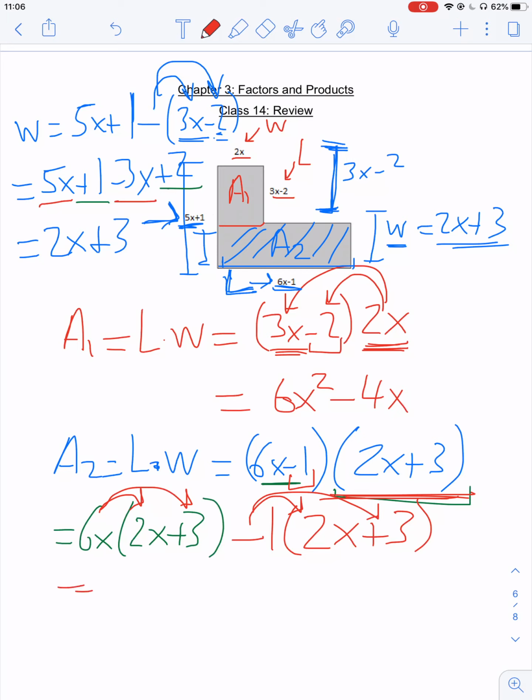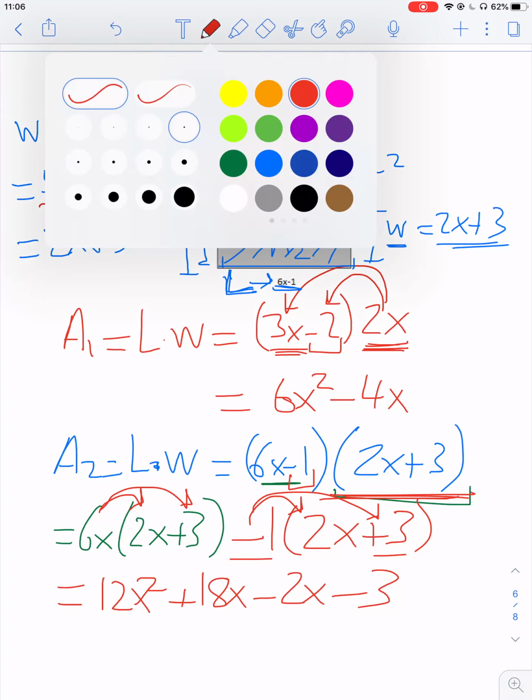So this just becomes 12x squared, because 6x times 2x is 12x squared, and then 18x, and then minus 1 times 2x is minus 2x, and minus 1 times 3 is minus 3. And then finally, you will have to combine your like terms together.